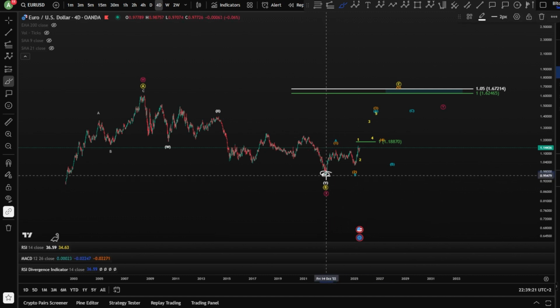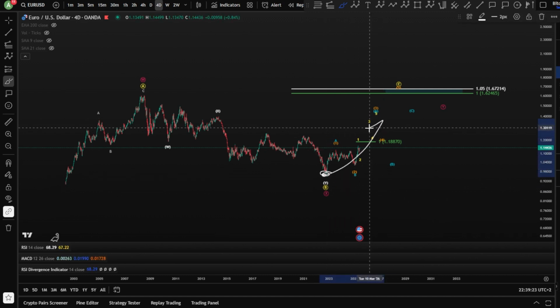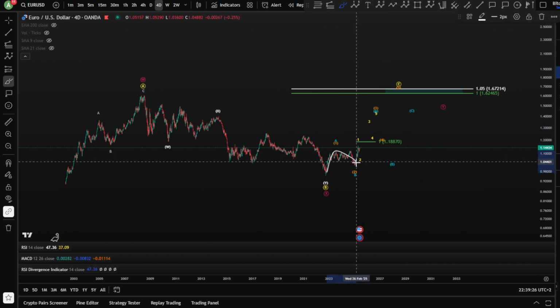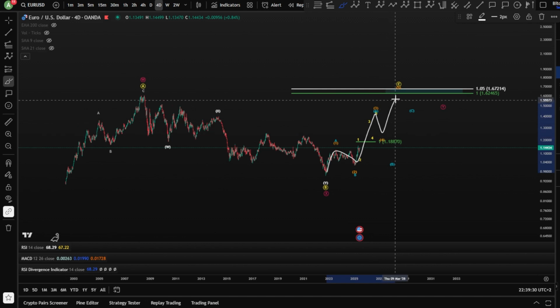And after a very deep price, we start to move impulsively toward the upside in 1 2 here. Therefore, we're looking for this wave 3, 4, and a 5.